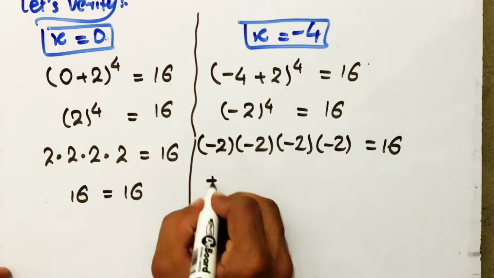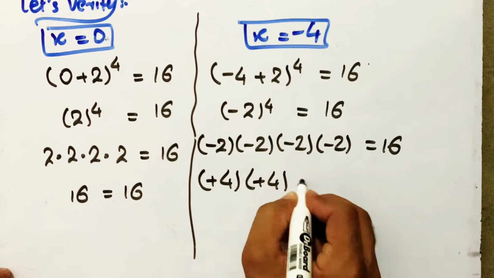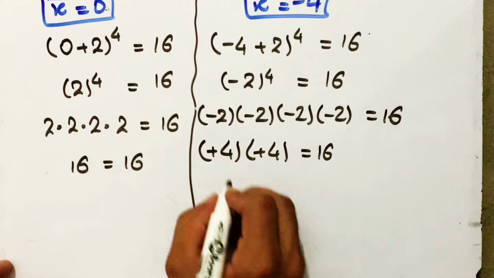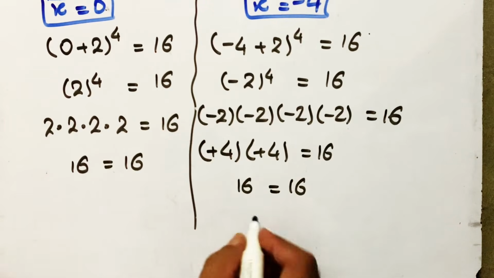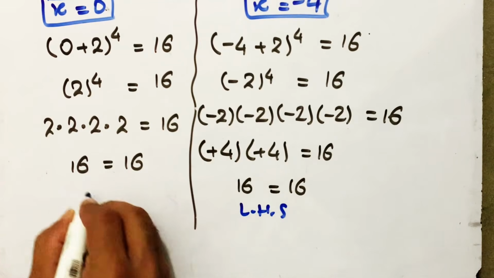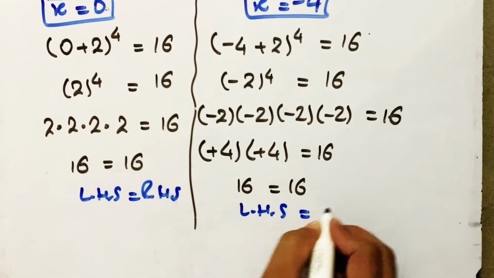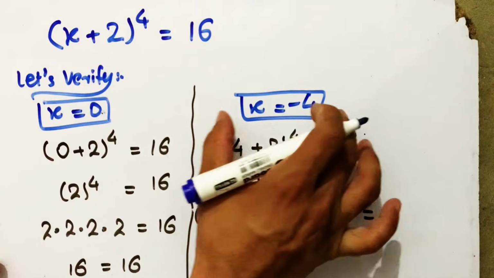Minus minus is plus, so 4 into 4 is 16. So I conclude that the left-hand side equals the right-hand side, and it is a part of the solution of our main equation.